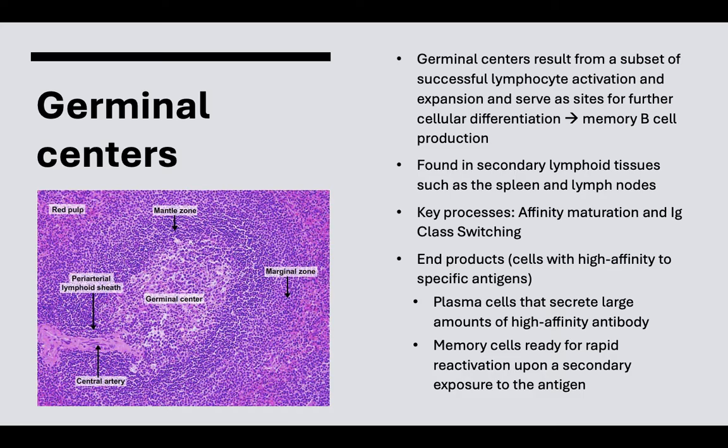What happens in these areas? The key events include affinity maturation and immunoglobulin class switching, which I've mentioned from our previous modules already.